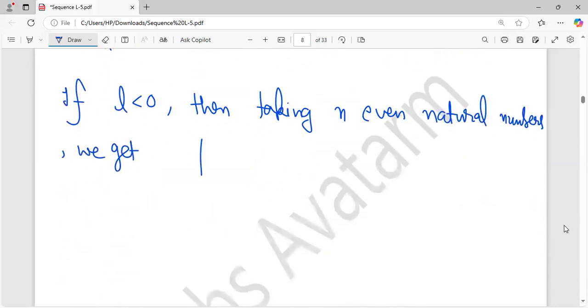So it will be |1 - L| < 1. But L is negative, so minus L is positive, and the inside thing is positive.